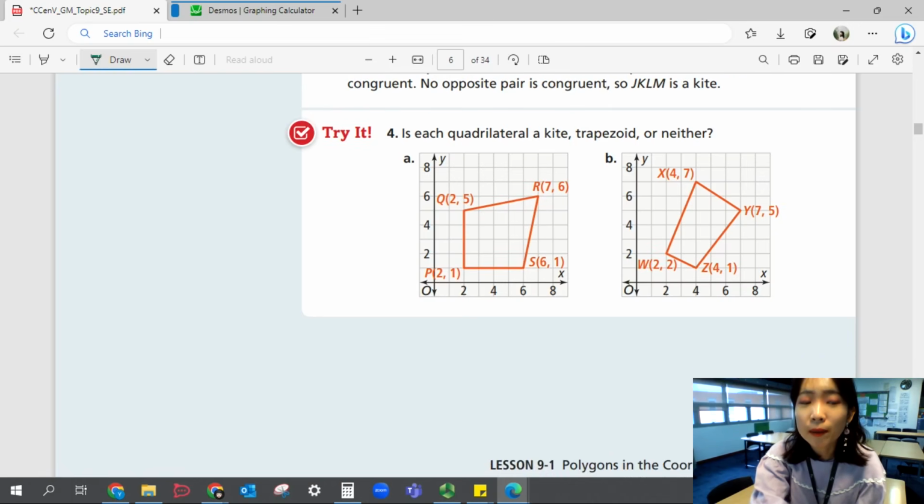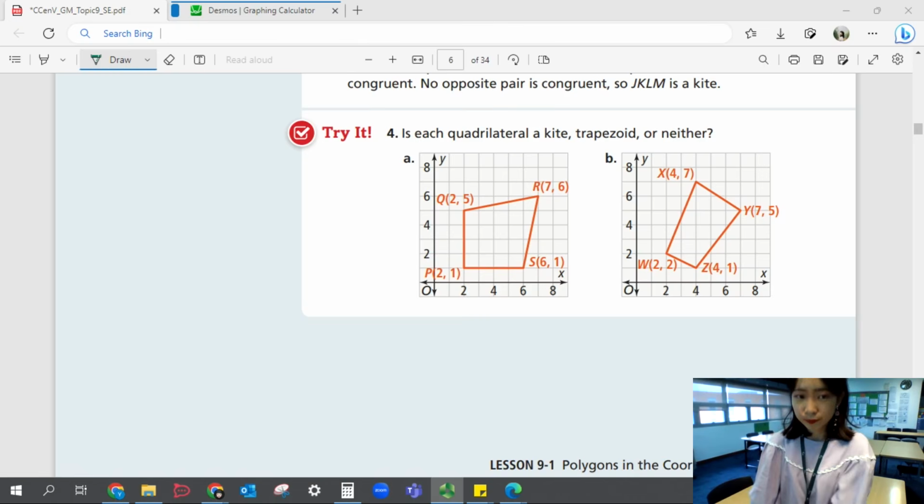Pause the video and come back when you're ready for answers. Okay, are you ready? So first of all, figure out all the slopes, figure out all the distances, and see if you see any common slopes or distances. So let's figure out slopes.